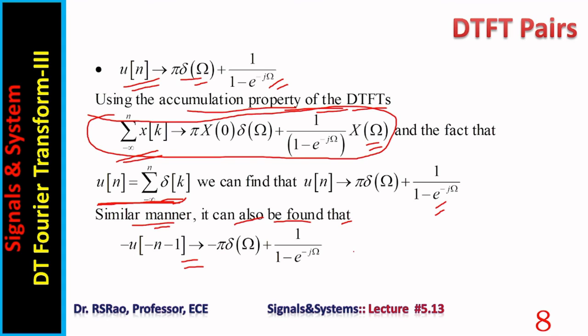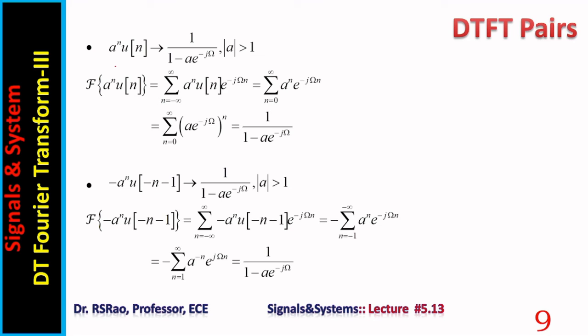Another signal sequence, we encounter this sequence frequently. A power n u of n, its transform can be shown equal to 1 by 1 minus a e power minus j omega. To find this relation, apply DTFT definition to the signal.